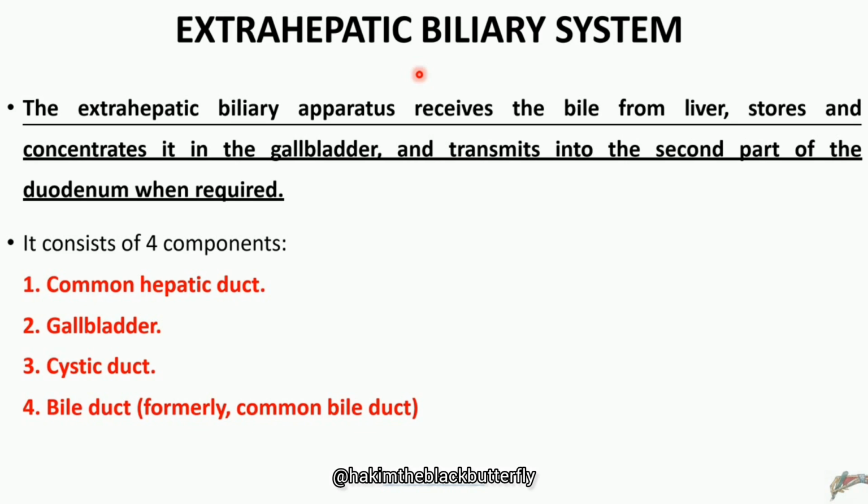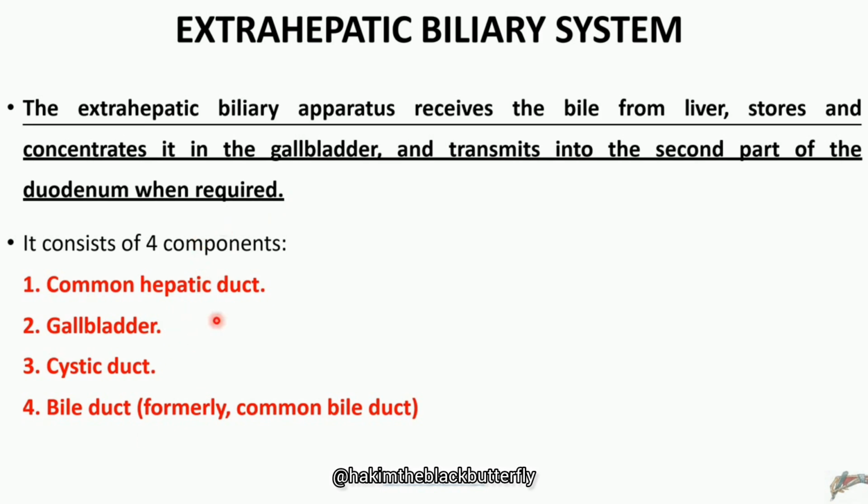All those make up the intrahepatic biliary system. But now the extrahepatic, this is the set of ducts or structures which are going to be receiving bile from the liver, store it, and concentrate it in the gallbladder. Okay, and then later be delivered to the duodenum when required.